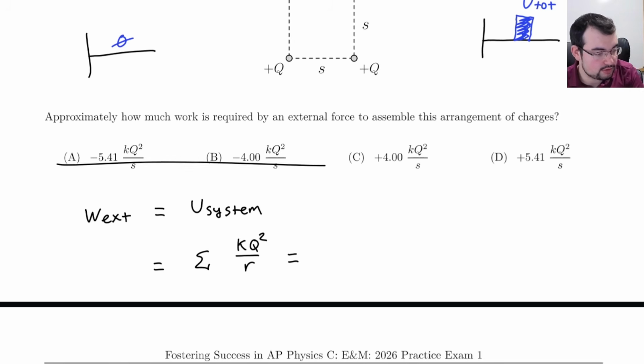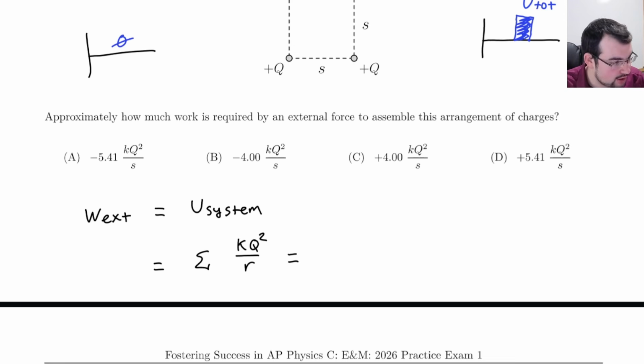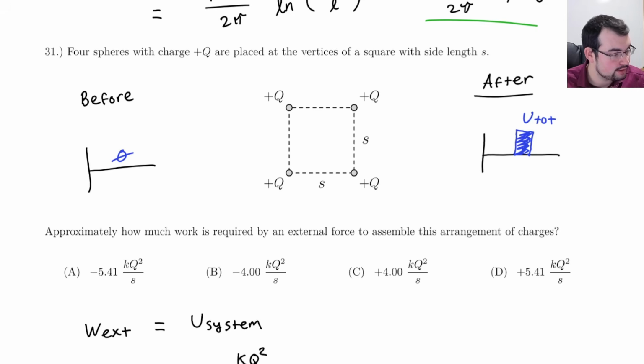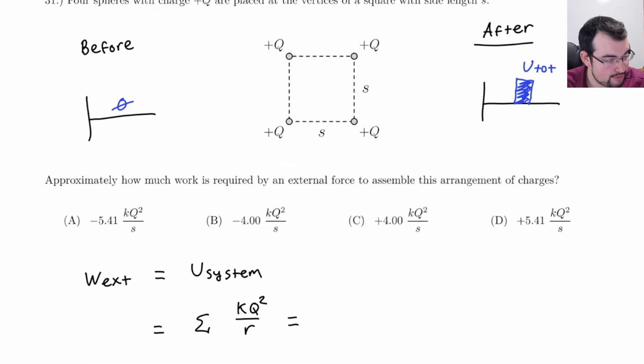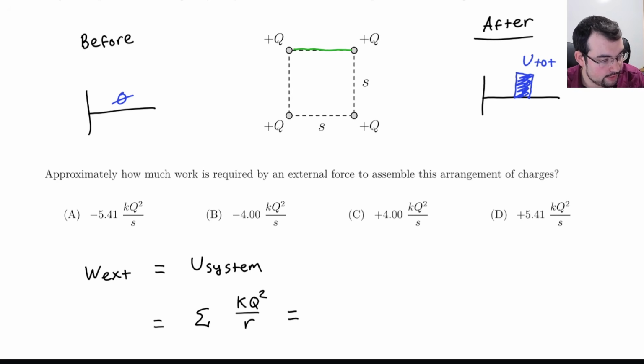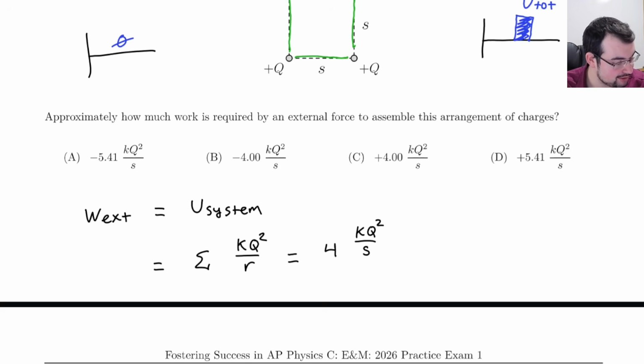So what would that be? Well, we actually know it's not a negative value, because it's going to cost me energy to bring these together, right? It should be a positive value. These charges don't want to be together. That should cost me. So notice I have 1, 2, 3, 4 vertex pairs. And electric potential energy is just 1 power on the denominator.